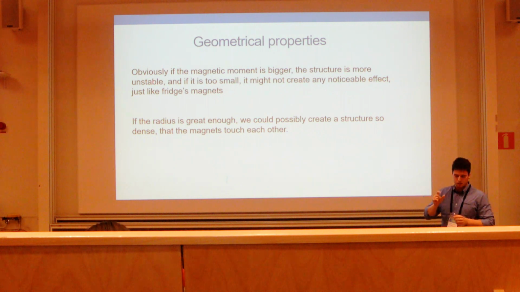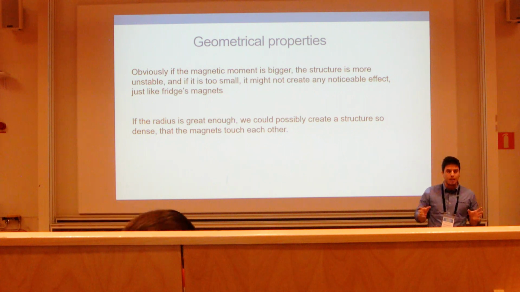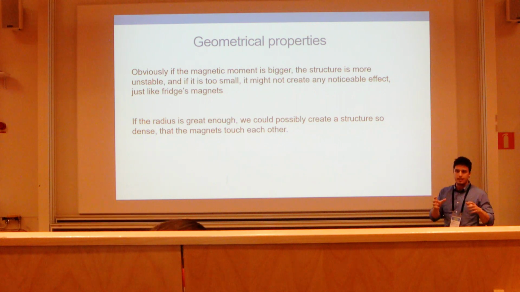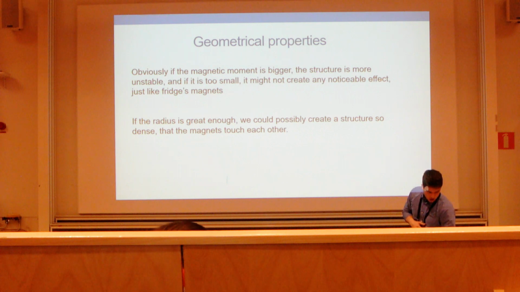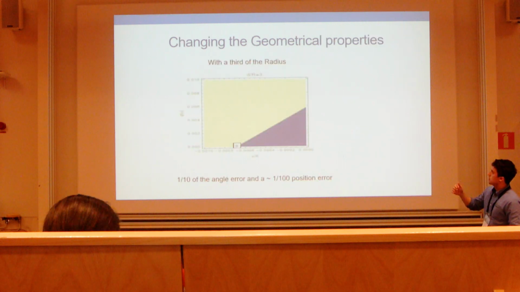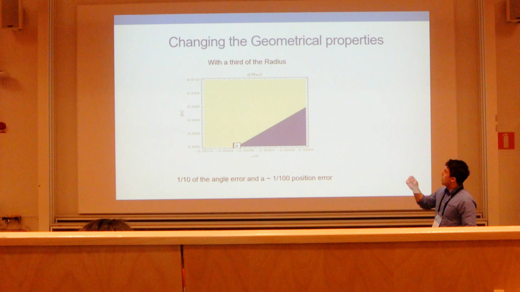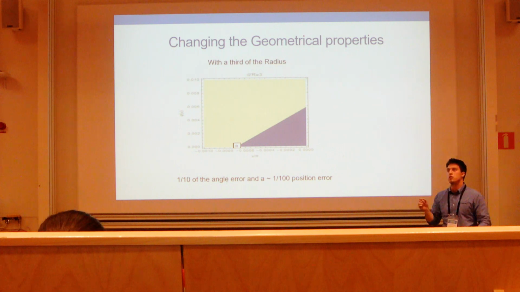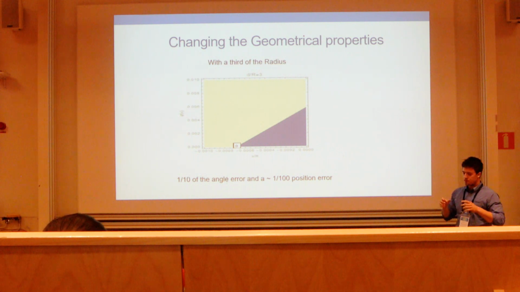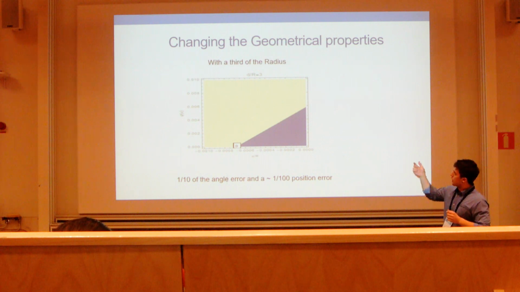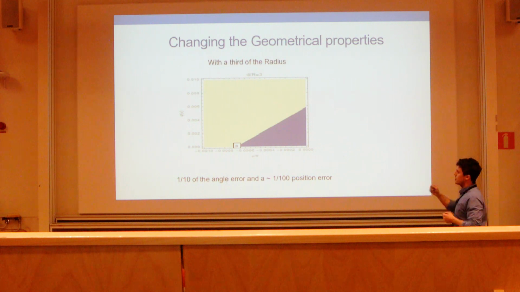And if the radius is great enough, it could possibly create a structure so dense that the magnets cut each other. Then we tried the same simulation as before, but we considered the radius of the magnet to be a third of what we had.